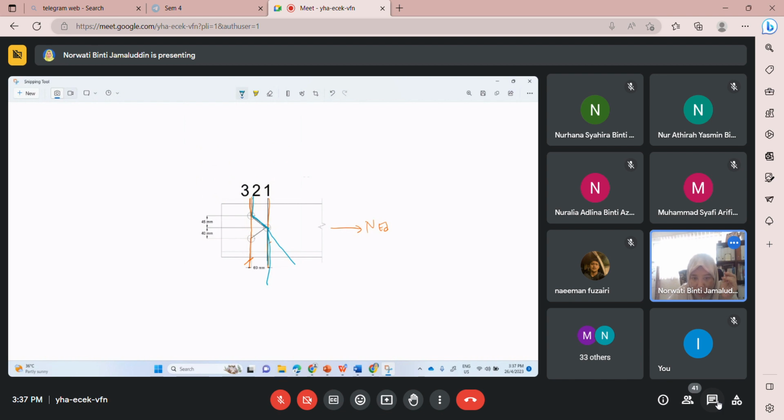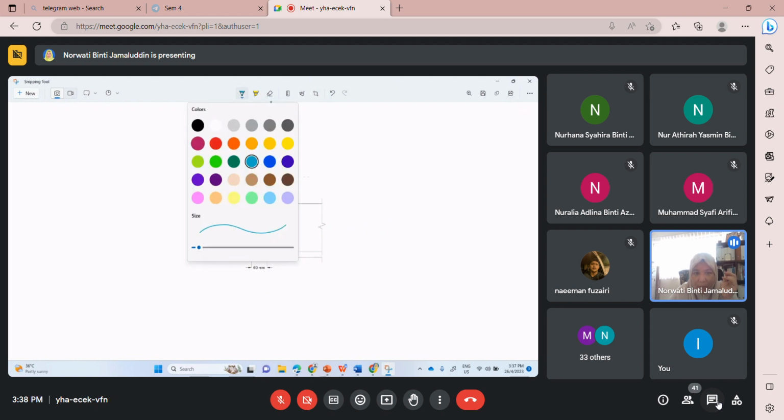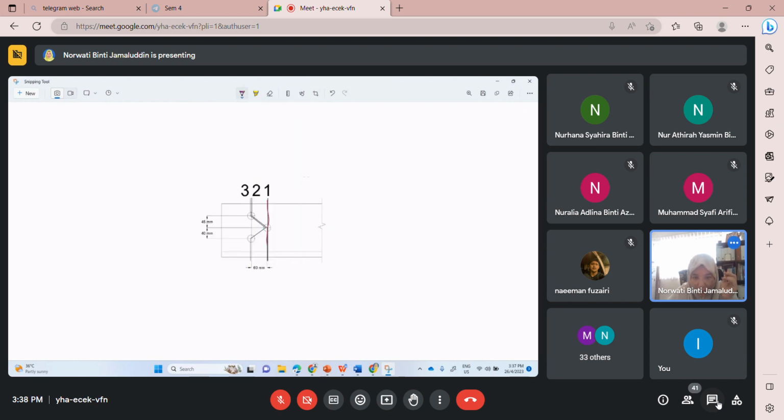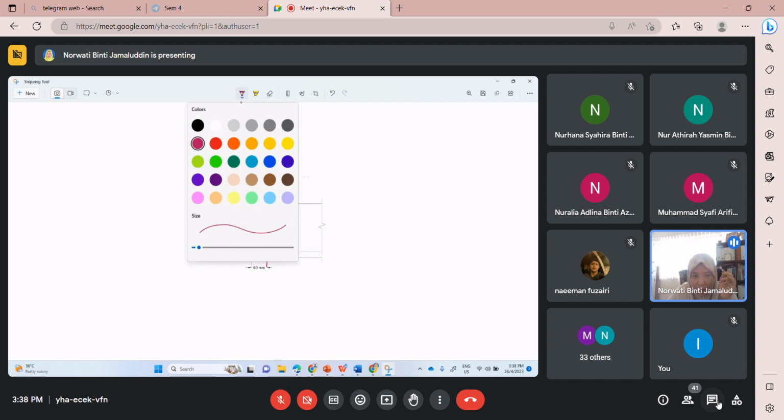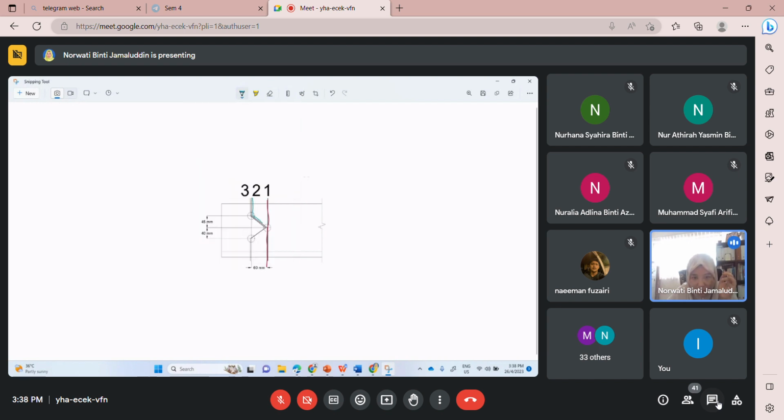1, 2, 3. Okay, first. Second, I'm following this solution. Can I use another color? Okay, this is the second failure line.